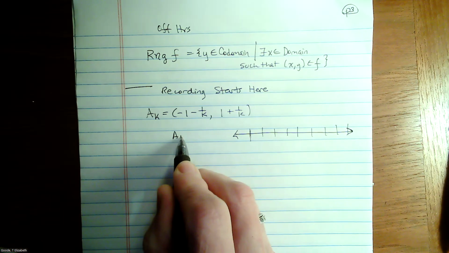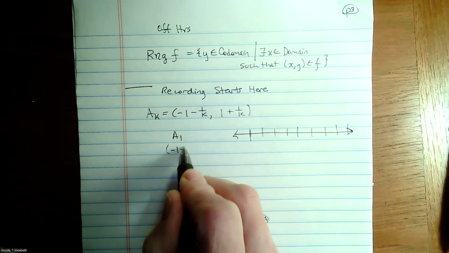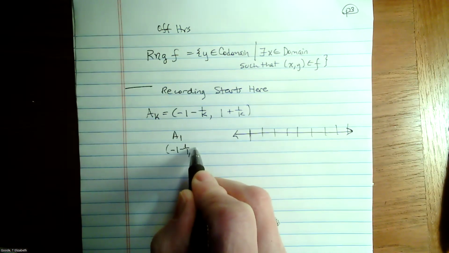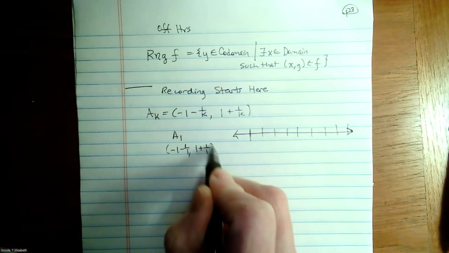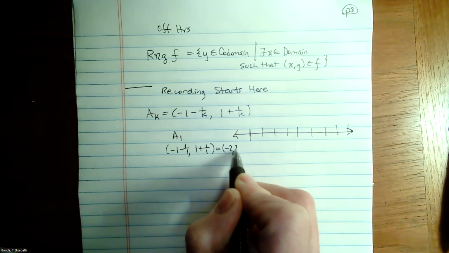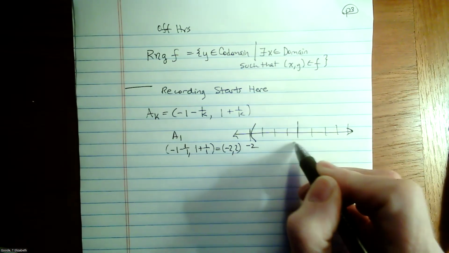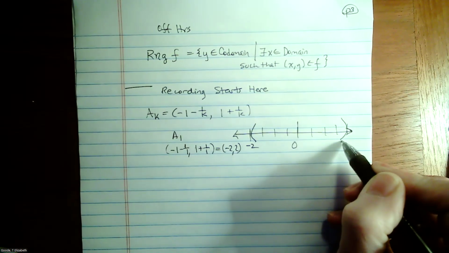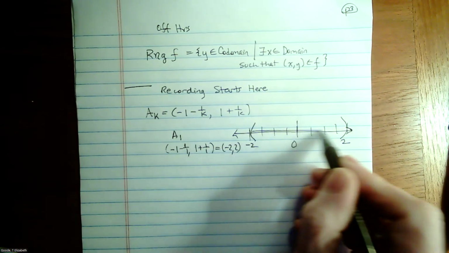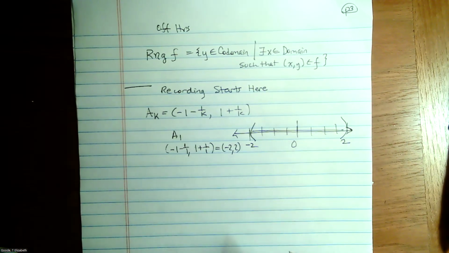When we're looking at A1, that's -1 minus 1 over 1 to +1 plus 1 over 1. It's -2 to 2. You can just put the solve brackets and quickly do that. There you go. It's right there.